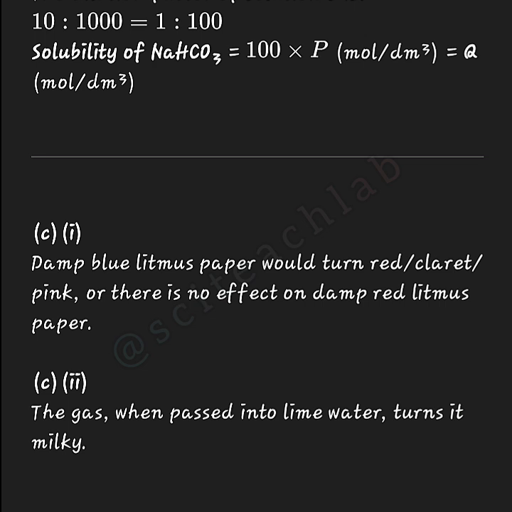All right. So we are going to state the effect of the gas, carbon dioxide, released during the reaction on damp litmus paper by first of all using the damp litmus papers. So it was not stated if it's blue or red, so you use both of them. You pick the blue litmus paper while you are doing the reaction.